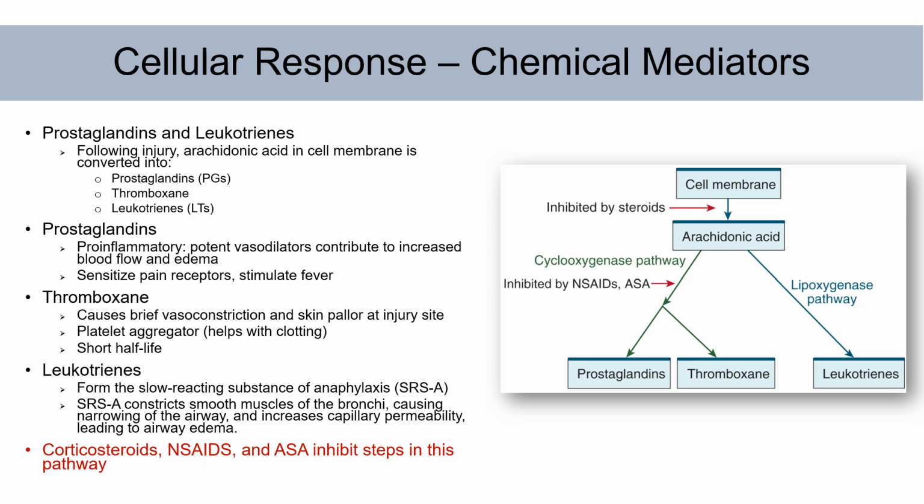So when a cell is injured, that arachidonic acid spills out. And when it spills out, that's how our body knows that this cell has been injured, because it knows that's only going to be spilled out if there's an injury. So at that time, that arachidonic acid is converted into prostaglandins, thromboxane, and leukotrienes.